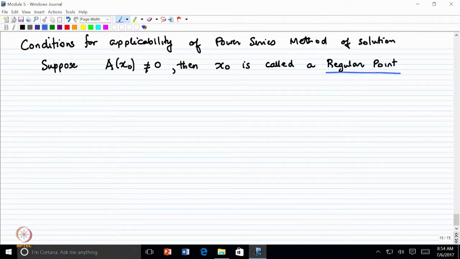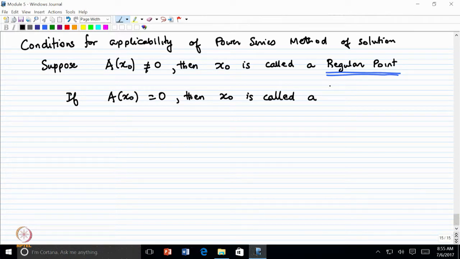If a(x_0) equal to 0, then x_0 is called a singular point. And regular and singular points are both of the ODE. So, this is a regular point of the ODE. If a(x_0) equal to 0, then x_0 is called a singular point of the ODE.